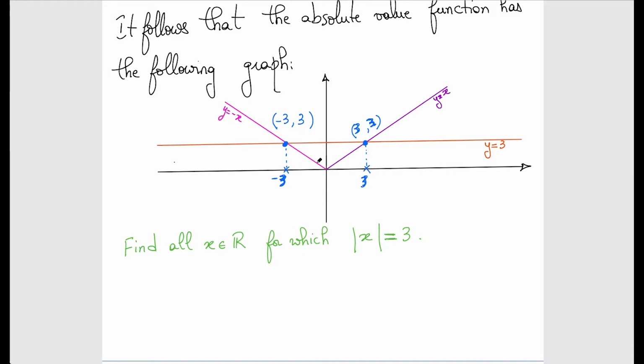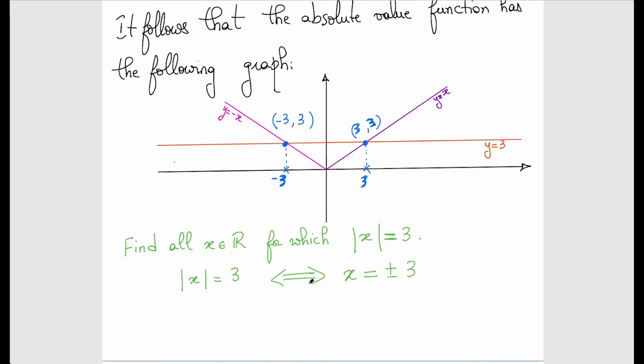They are plus and minus 3, right? Those are the intersection points, and the x coordinates of those intersection points happen to be -3 and 3. So we found that the absolute value of x equals 3 is equivalent to saying that x is plus or minus 3.